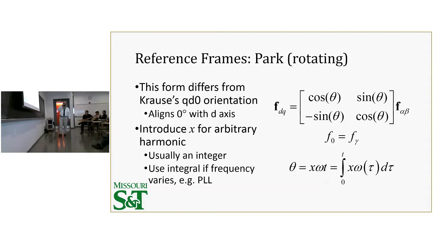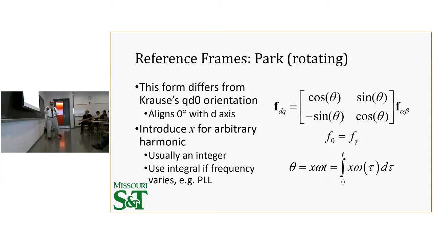The Park transformation is where things go off the rails in the literature, because there's the DQ and there's the QD, and then do you have the Q aligned with the real axis or the imaginary axis.